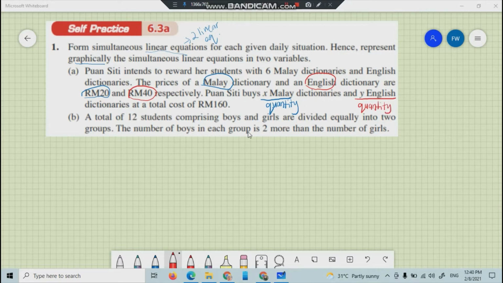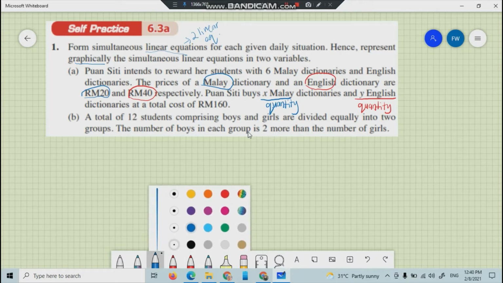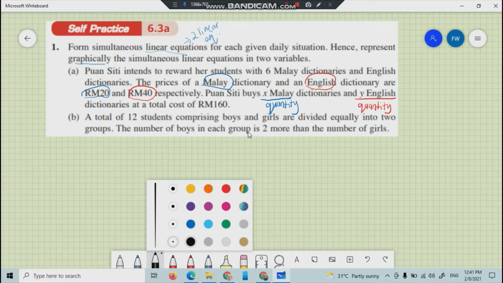So we need to identify what our variables are in the situation. I'm writing down my situation.